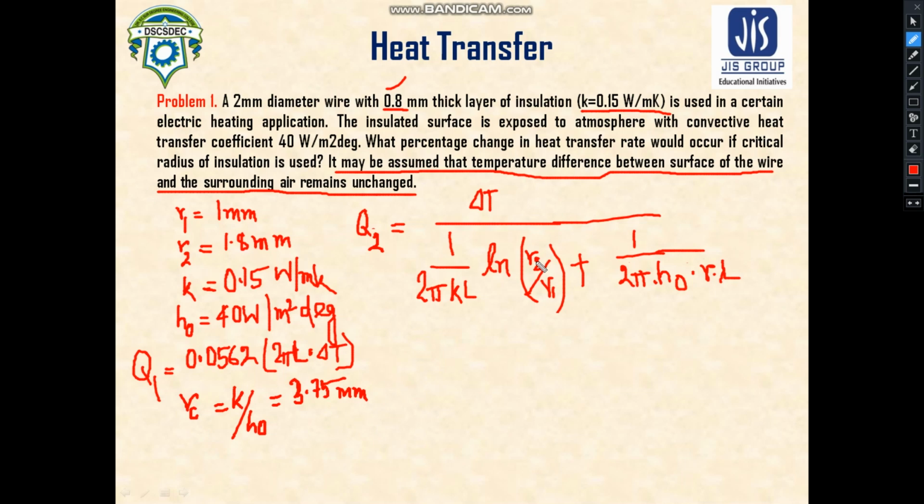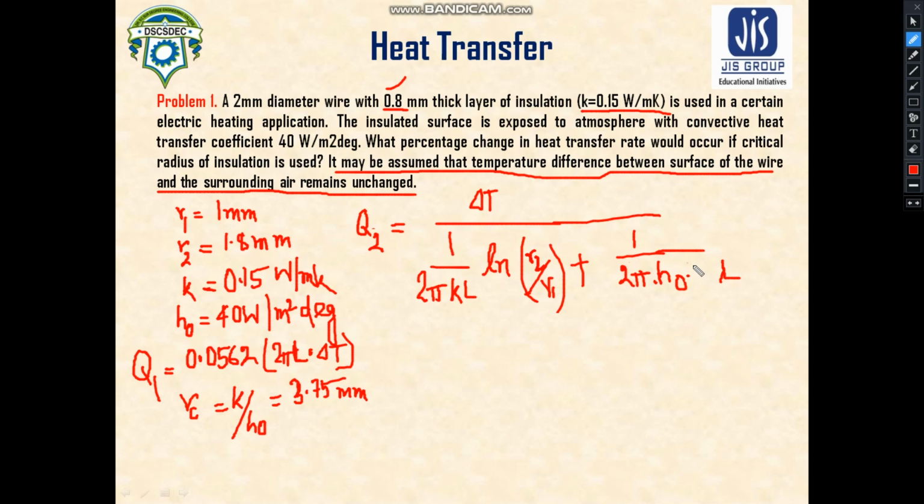Now how would this formula change? This radius R2 will now change to the critical radius, and this change should be incorporated. If here it was only written R, then please change it to R2, because we are talking about the convective resistance here, and it only depends on the outer radius.